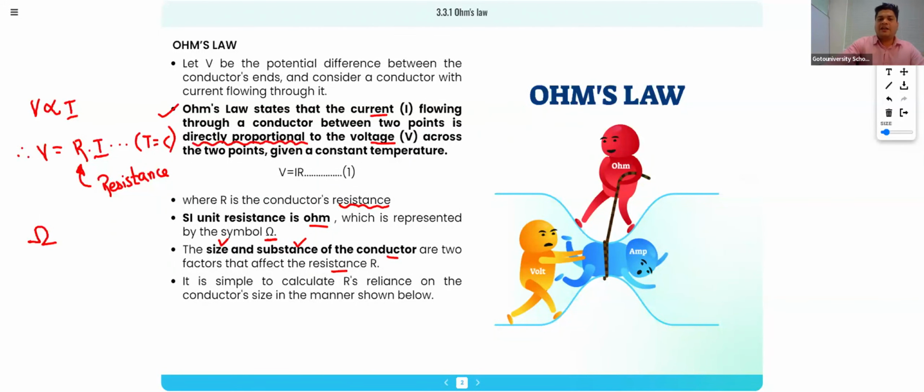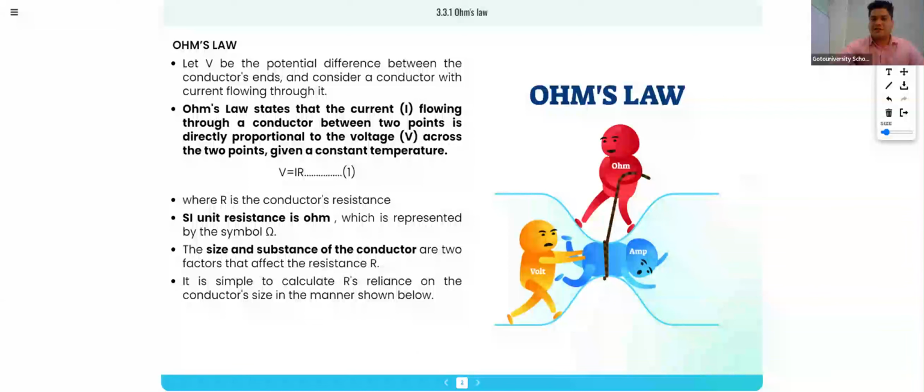Okay, so once again I repeat what is there in the slide, then we'll proceed with the factors that affect resistance. First, what we studied about Ohm's law: voltage is directly proportional to current. When we remove the proportionality sign, we get V equals R into I. R is resistance. And what is resistance measured by?